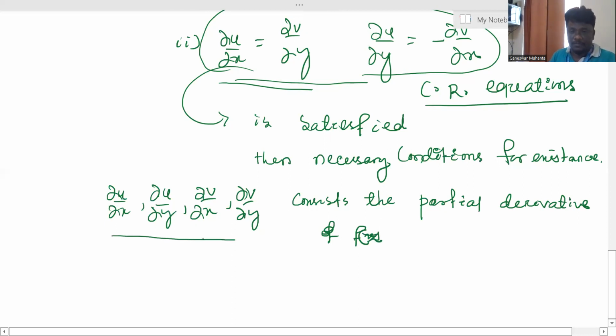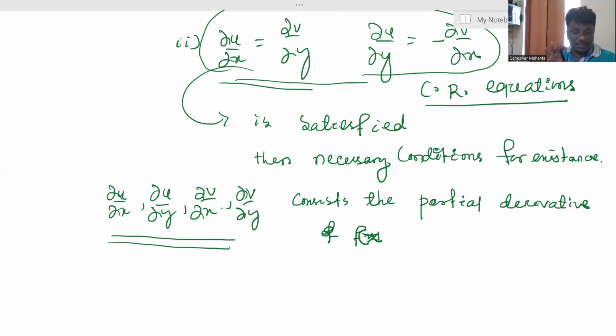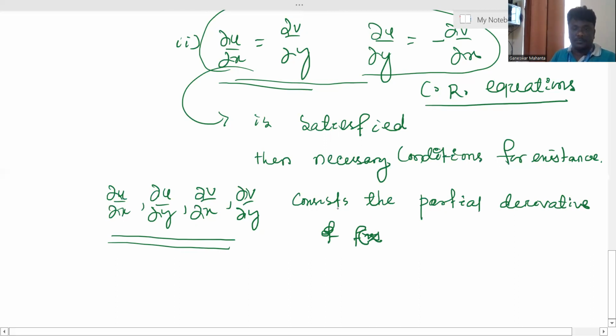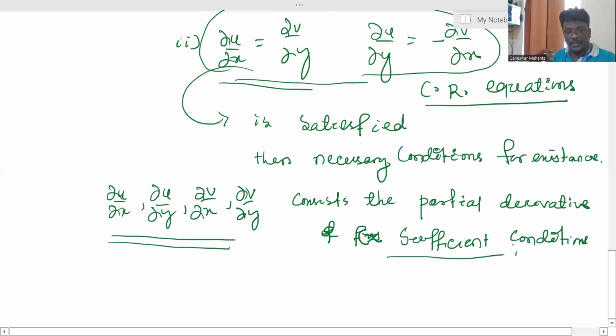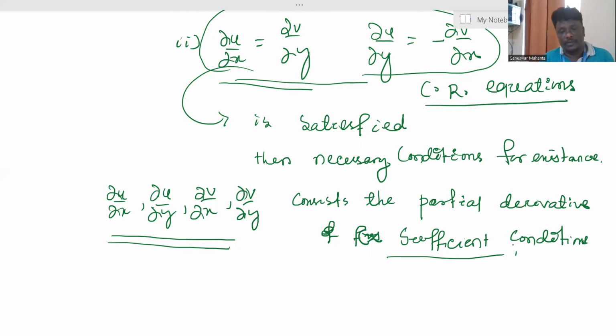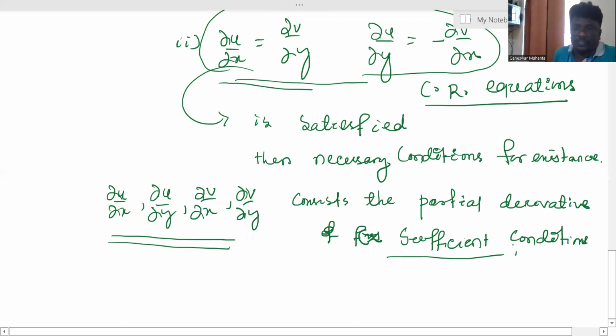If these partial derivatives exist for the function f of z, then this is called the sufficient condition. So these partial derivatives existing are the sufficient conditions in the complex plane.